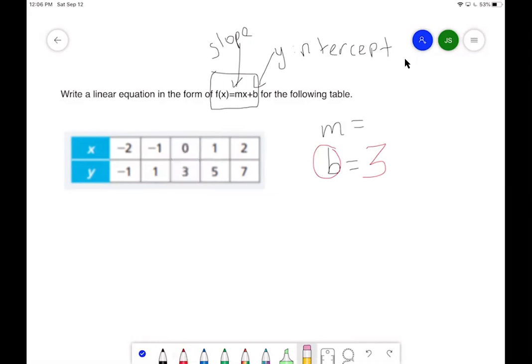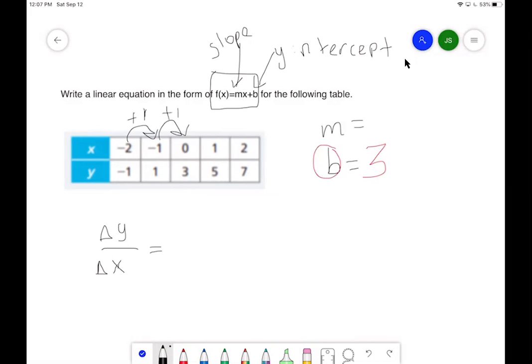Next, we need to find out what your m is, which represents your slope. To find your slope, you need to figure out the change of y over change of x. And for us to do that, we need to use the table to find the pattern of how that's actually working. So I see that the x's are changing by adding 1 each time.